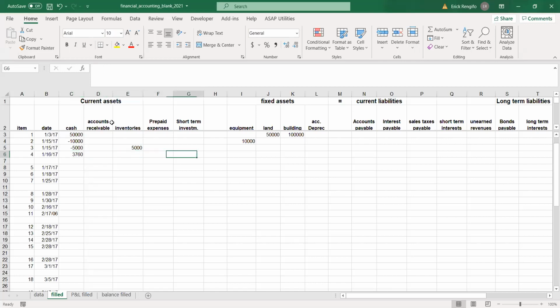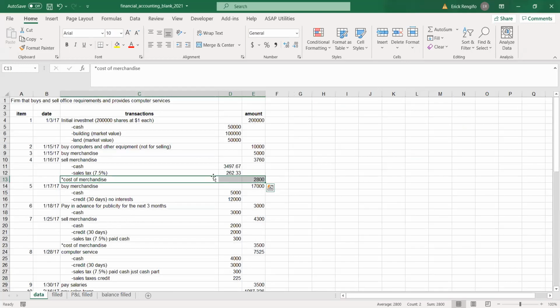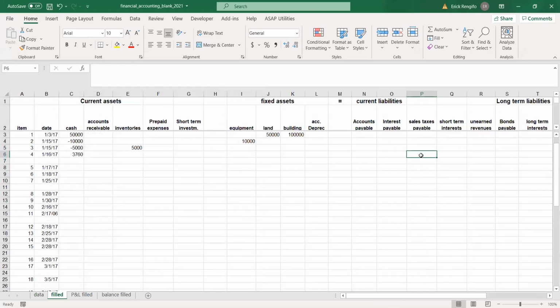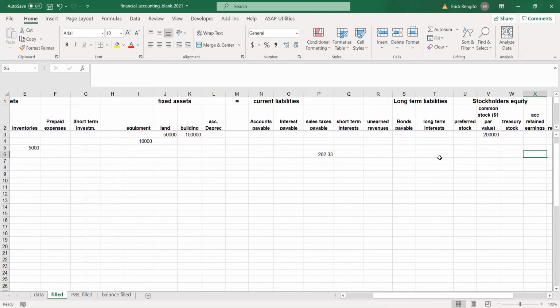And then I know that sales tax payable is part of this equation, you agree? So my taxes are going to be equal to 262.33. I know this is positive, guys, because it implies that I have a liability with the state, with the government. 262.